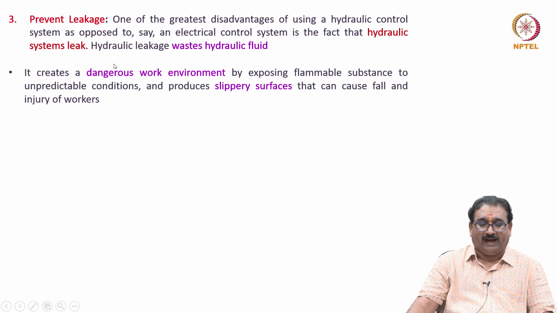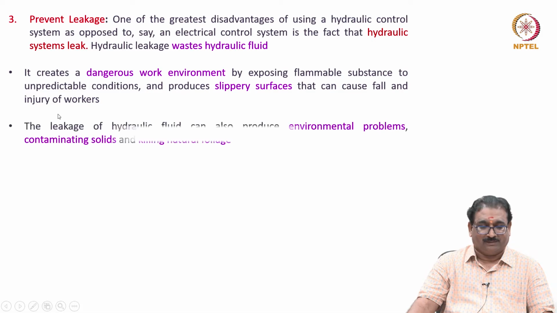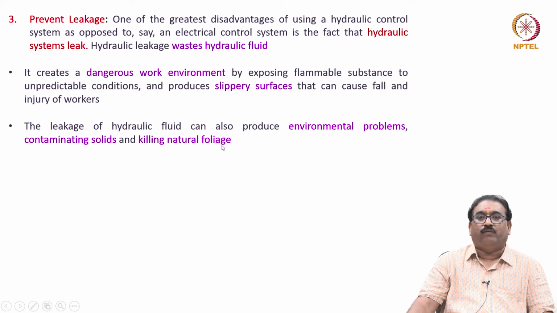It creates a dangerous work environment by exposing flammable substances to unpredictable conditions and produces slippery surfaces that can cause a fall and injury of workers. The leakage of hydraulic fluid can also produce environmental problems, contaminating the soils and killing natural foliage.